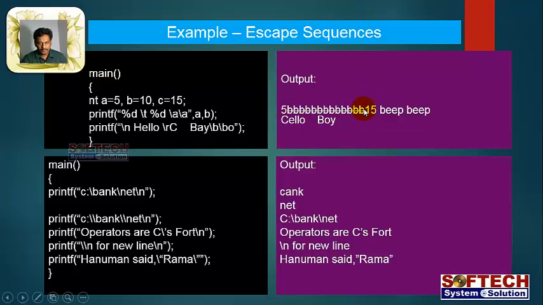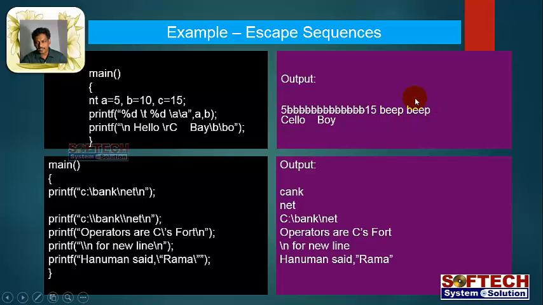Then \a, \a. It is an alert: the escape sequence for alert gives a beep sound. It displays 5, then 15 blank spaces, then it displays 15, then gives two beep sounds.